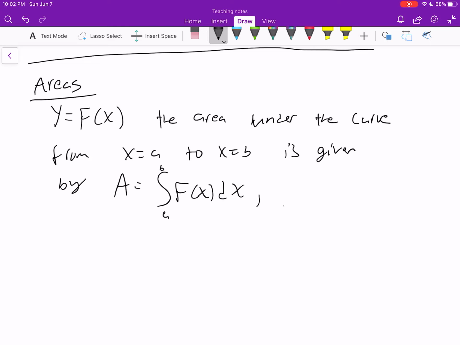And we're assuming f of x is greater than or equal to 0 because we're talking about the whole area under the curve.